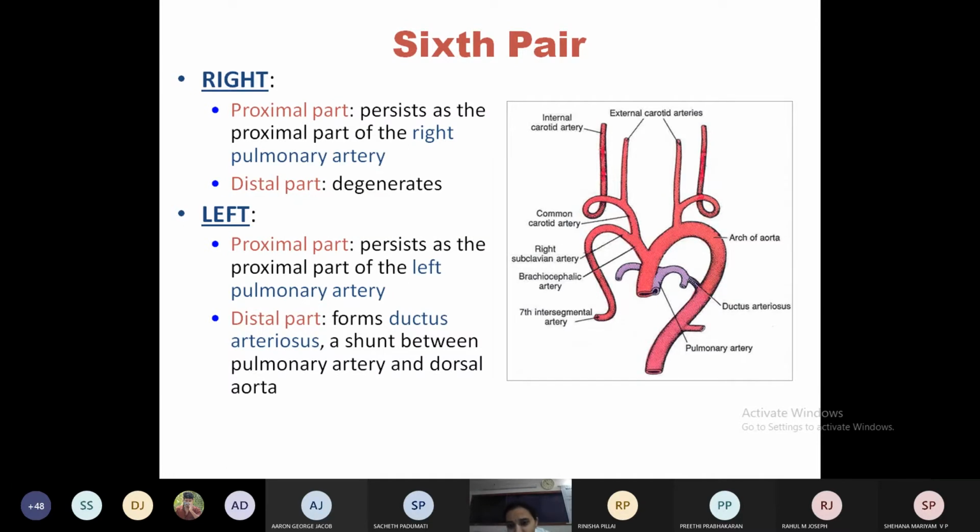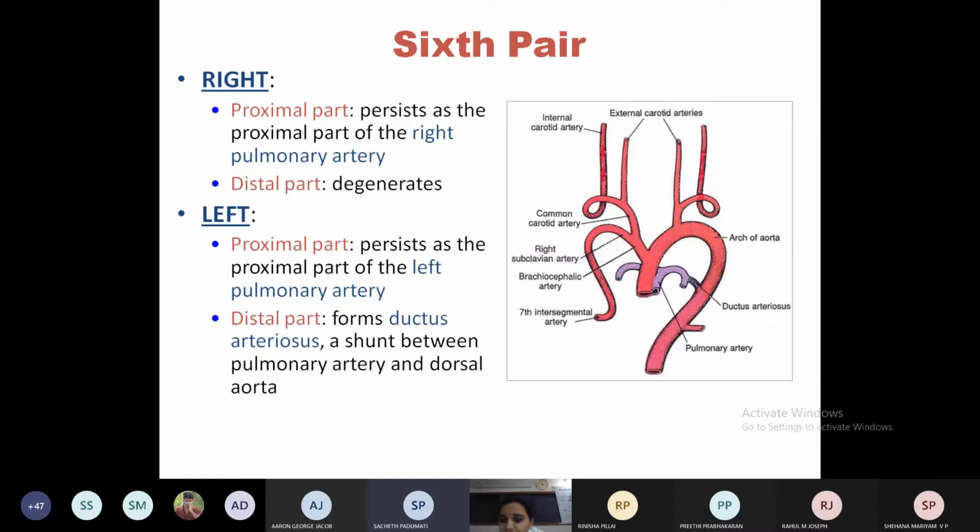What is ductus arteriosus? Anyone knows? There's a small connection between the pulmonary arteries and aorta.